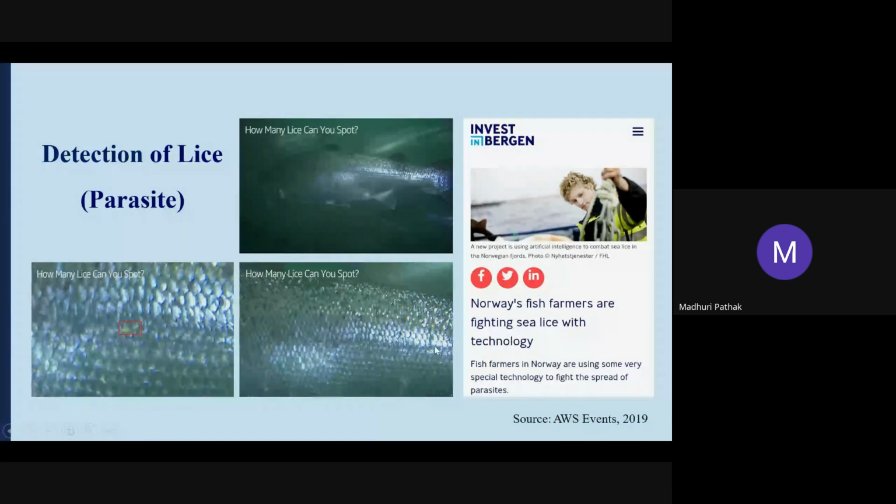If you keep the fish as it is, it will spread the infection. So if you detect fish lice on the outer surface of the body, you can just remove that fish and save the others from the spread. That way they are treating the fish.